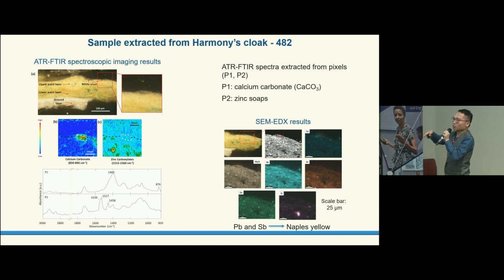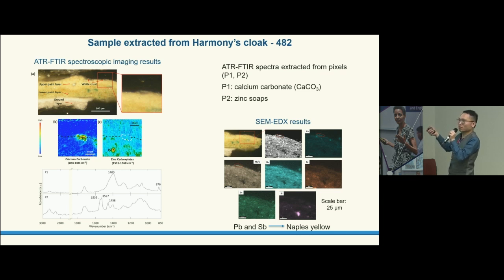And for your question, we don't think that it's a contamination, because you can see from the SEM results that it's abundant everywhere in the paint layers. If it were contamination, it would be like calcium, on the surface of the painting. So this antimony is just one of the components of this Naples yellow, which is a lead and antimony-based pigment.